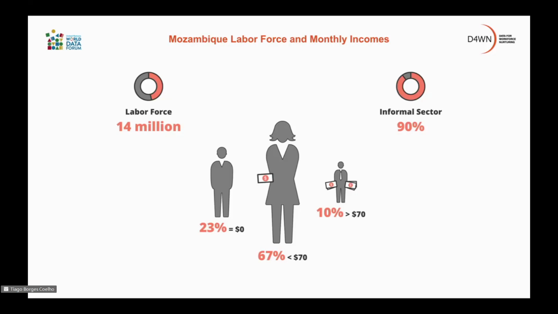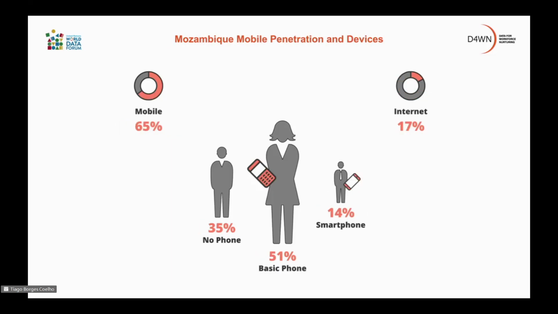But like most African countries in the sub-Saharan region, we have a high mobile penetration, but unfortunately, internet is still pretty low, as more than half of our population still use basic phones with no data capabilities. So this created a problem for us that we can sum up in: if we could generate more information about the labor markets, we could probably support people at scale in improving their livelihoods. And that's why we created Dawn.